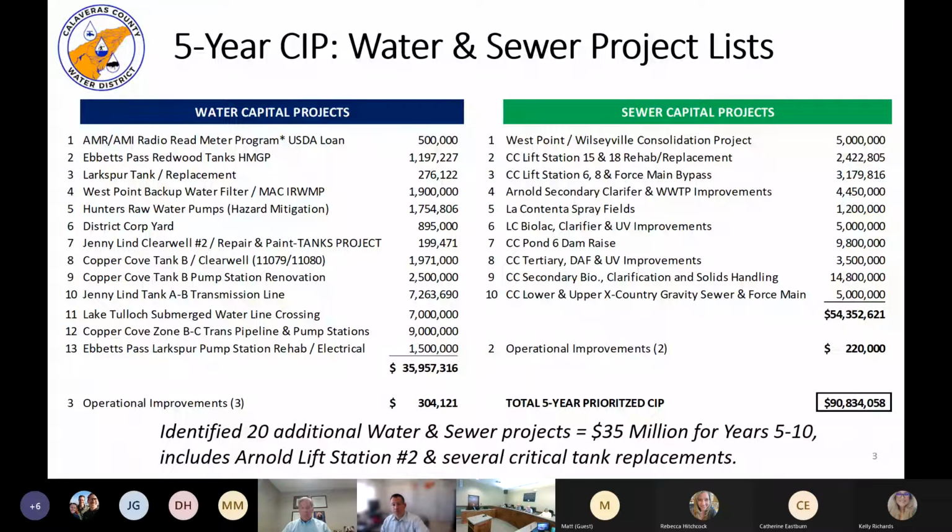It could be another year before we know whether or not Army Corps funding, Section 219 funding, is going to come through for that project. But we don't want to use our financing capacity on that project and then find out that we get the funding. So we're prioritizing projects 2, 3, and 4, for example, and then doing everything we can to find another source of funding for Pond 6.